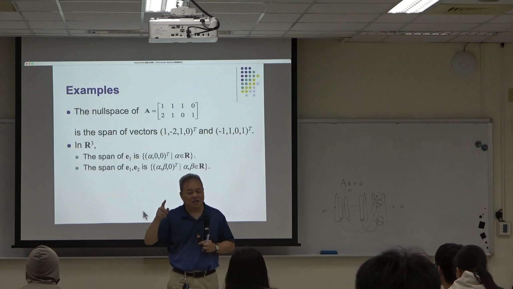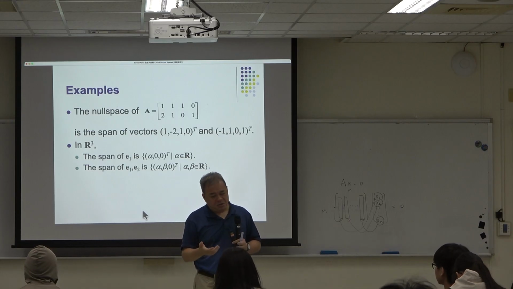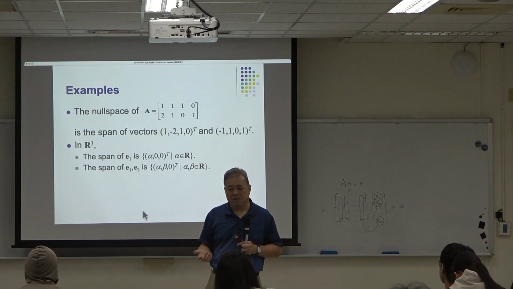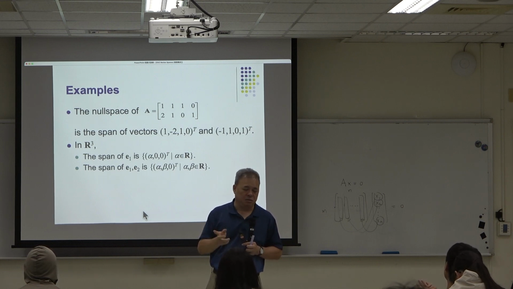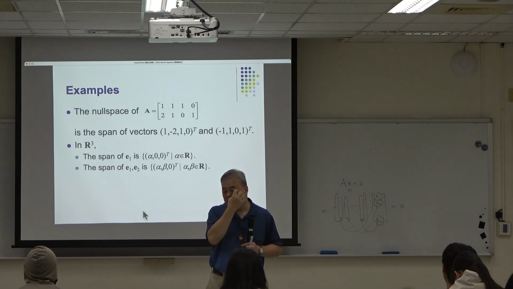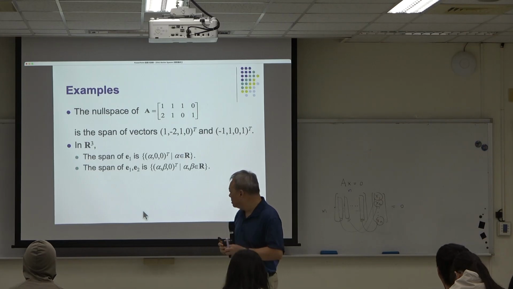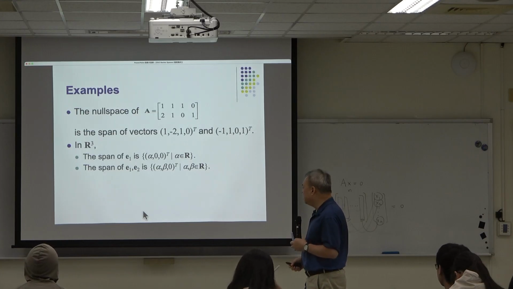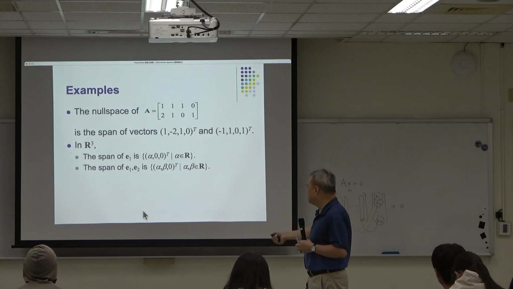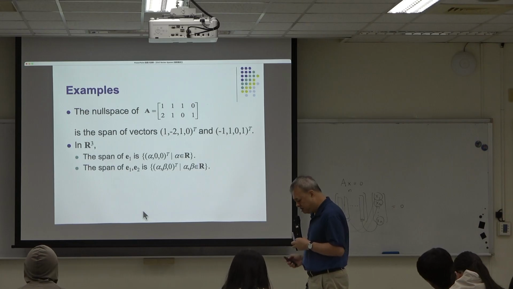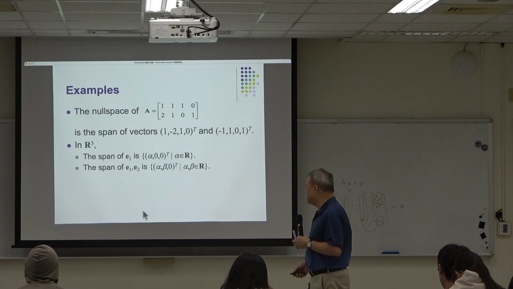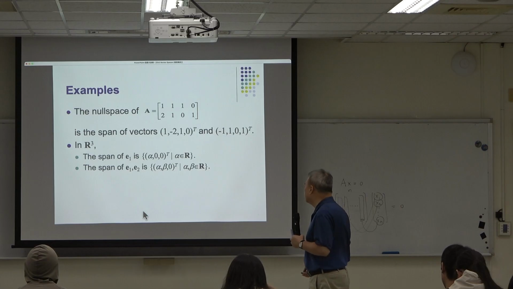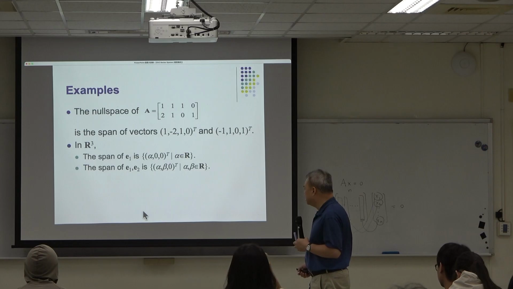They are the unit vectors of a particular dimension. E1 is the unit vector of dimension 1, E2 is the unit vector of dimension 2, and so on. When you linearly combine these unit vectors, obviously it's just like that. So they are obviously subspaces of R3, assuming that it's three-dimensional.